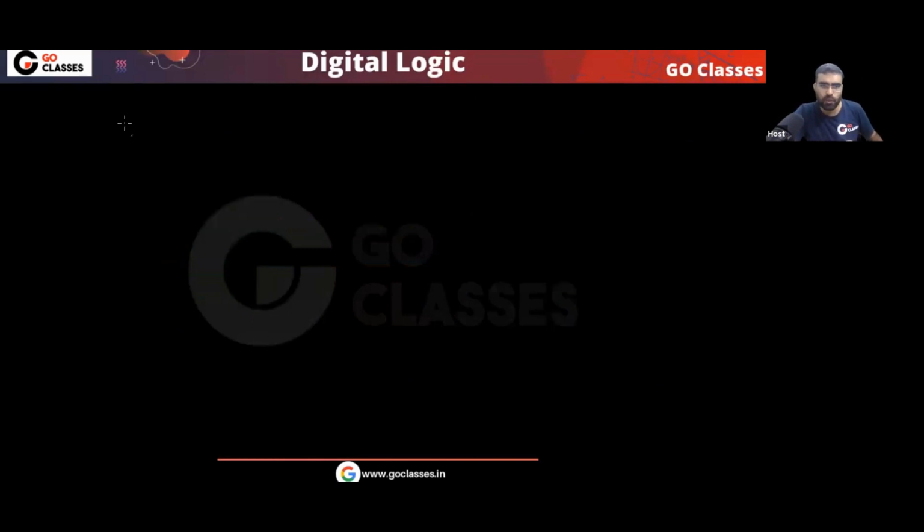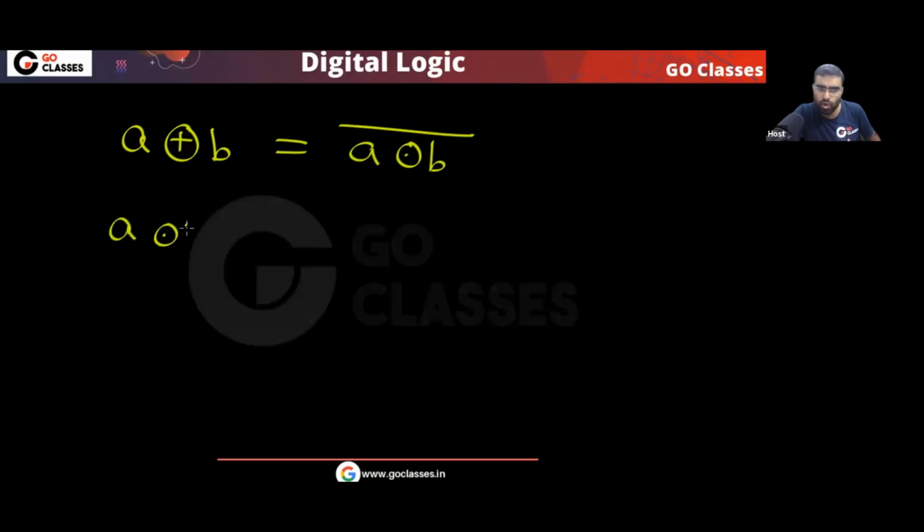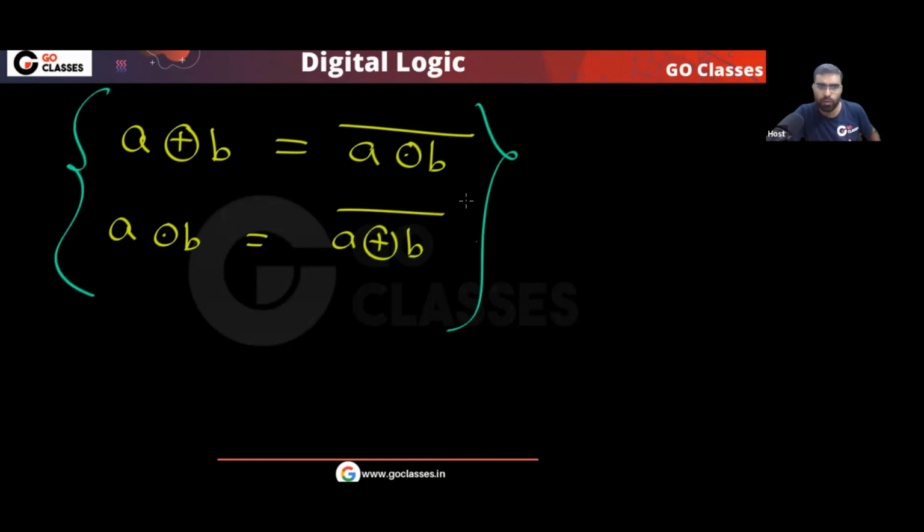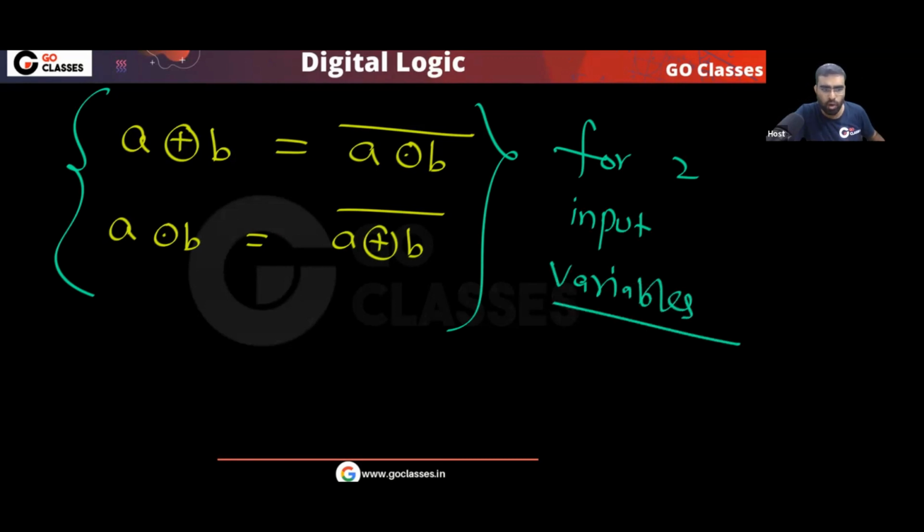Remember that A XOR B is the same as complement of A XNOR B, or A XNOR B is the same as complement of A XOR B. This happens for two Boolean input variables. They are complements of each other.